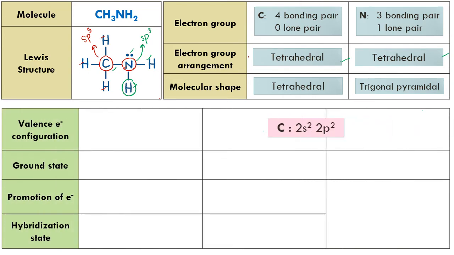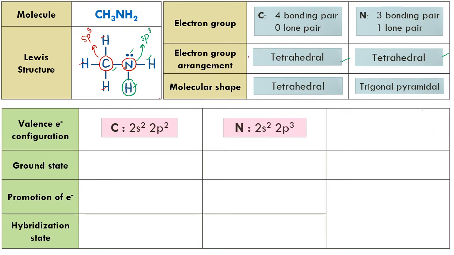Okay, so we start with the valence electron configuration for carbon. Kita buat satu persatu. Okay, nitrogen and also hydrogen. Okay, so untuk carbon, this is the ground state. Okay, kita dah buat banyak kali dekat sini. Dan promotion of electron. Okay, so as you can see for carbon, it needs, okay, dia ada 1, 2, 3, 4 sigma bond.